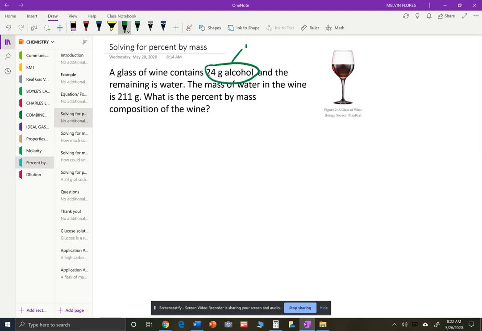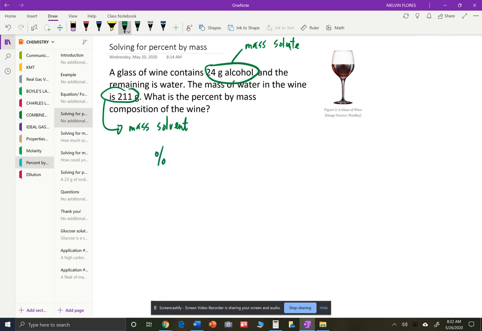This is the mass of solute. And then we also have the 211 grams right here, which is the mass of water. That means this is just the mass of solvent. It's not the mass of solution. Remember, it says the mass of the water is 211 grams, so that means that is the mass of the solvent.